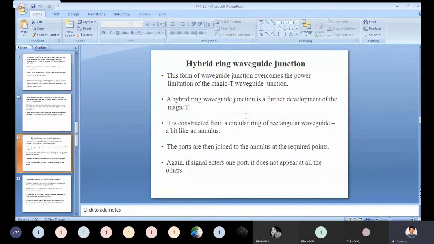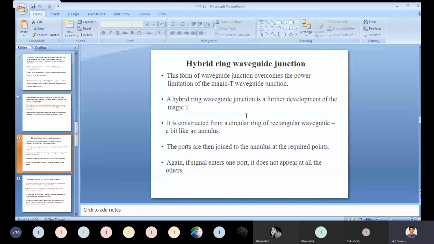This is the form of waveguide junction which overcomes the power limitation of the magic waveguide junction.